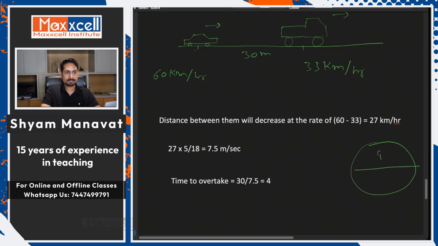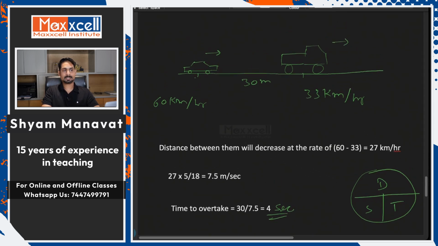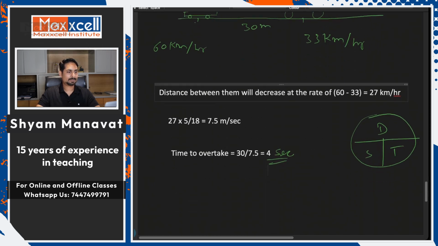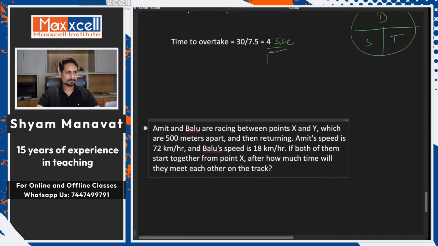Remember the circle: distance, speed, time. If you want to calculate time, that is distance upon speed. So it will take 4 seconds for John to overtake the truck. Clear? Yes, I hope it is. Thank you. Okay, let's move to the next question.